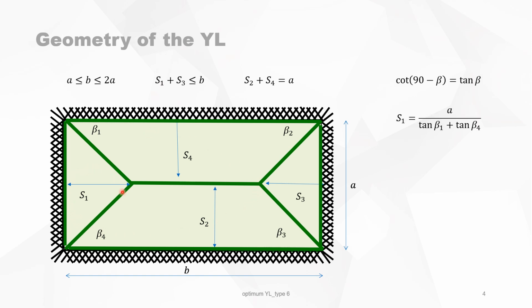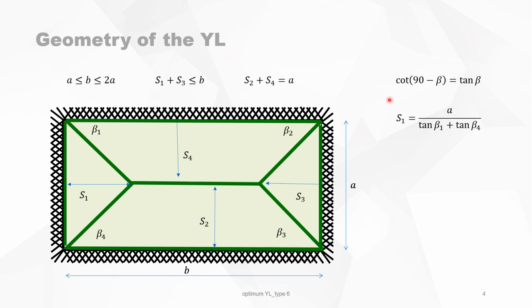Now, we will use the cotangent formulation of a triangle, which says that the height of a triangle equals the base of the triangle divided by the summation of the cotangents of the two adjacent angles.